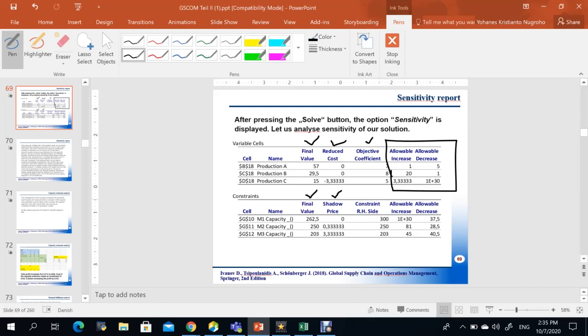After all, the 3 machines are still profitable at any capacity utilization within allowable increase or decrease range, as in column 6 and 7 here.